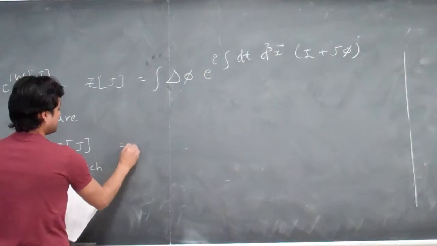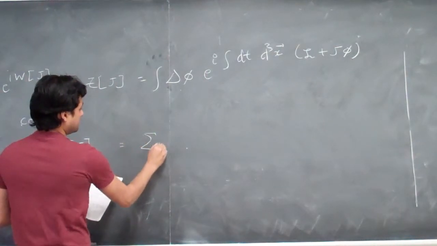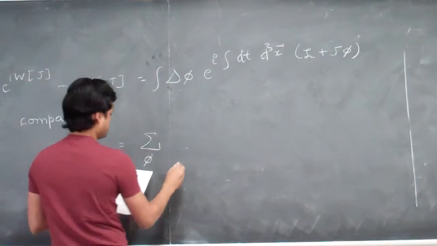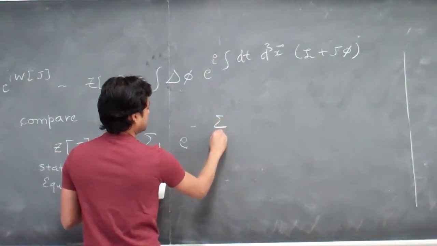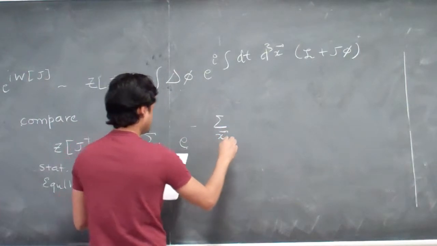And this is equal to sum over phi e to the minus sum over x. So I'll explain what it means.